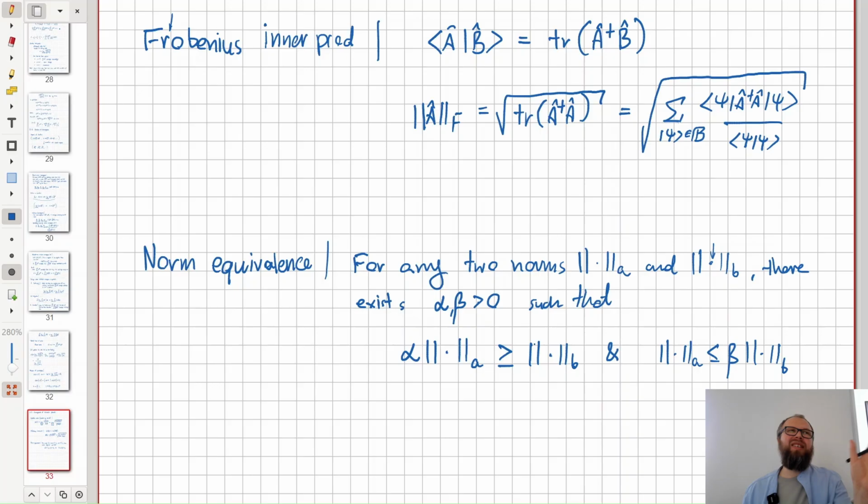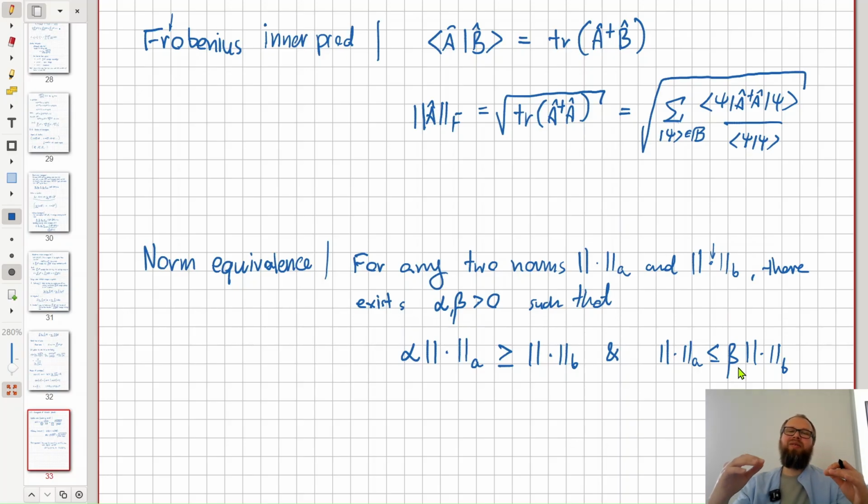So I take my operator, I measure it with norm A, measure it with norm B, and I get two different numbers. But there is this constant alpha that when I multiply my A norm, I will get something that's bigger than the B norm. And also vice versa for beta. So this is a norm equivalence.